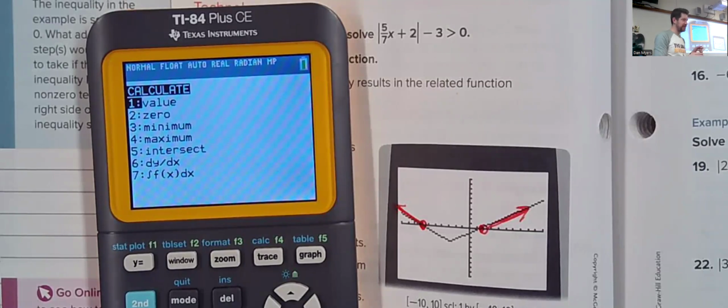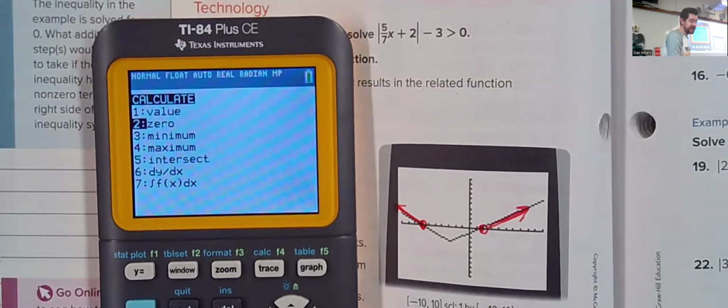We did this back in unit 1 briefly. If you don't remember, that's okay, but what's another name for an x-intercept? A zero. So we're looking for the zeros of the function.